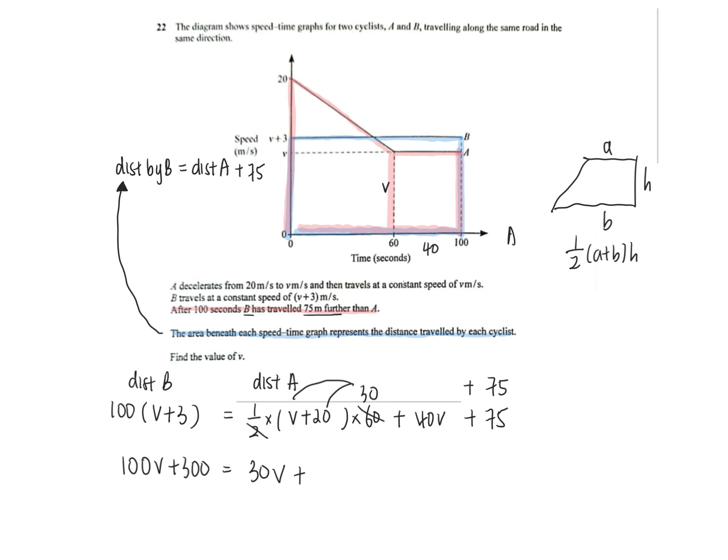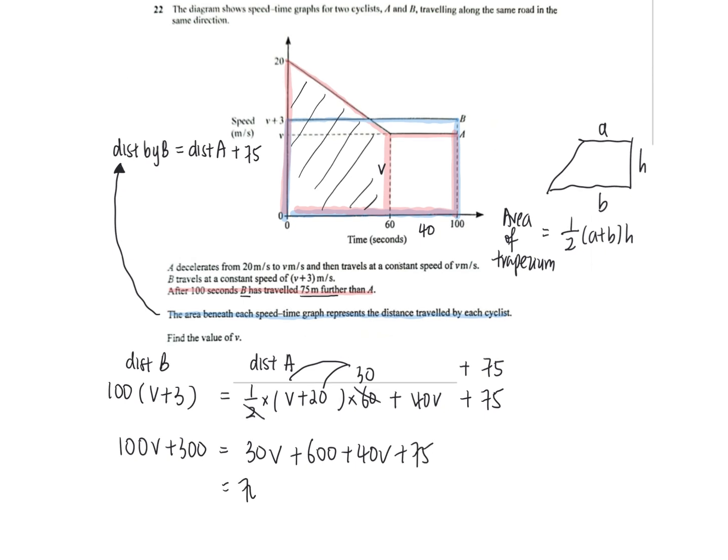Okay, area of trapezium. Yes. Sorry? Here, this one, the red one. Okay? So 30 plus 600 plus 40V plus 75. So go and simplify very quickly.